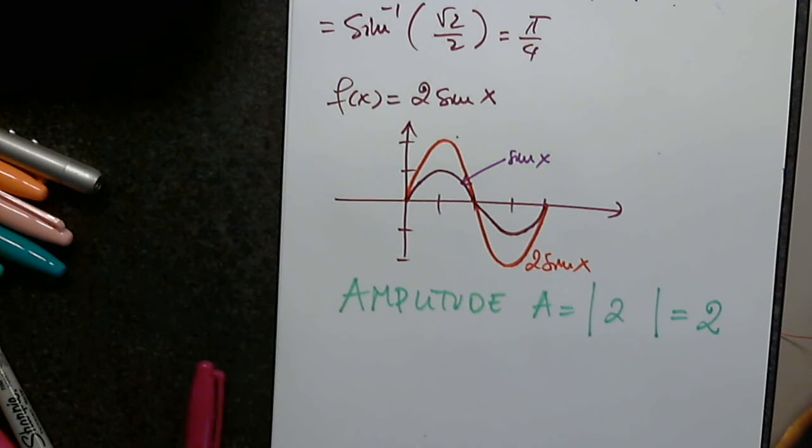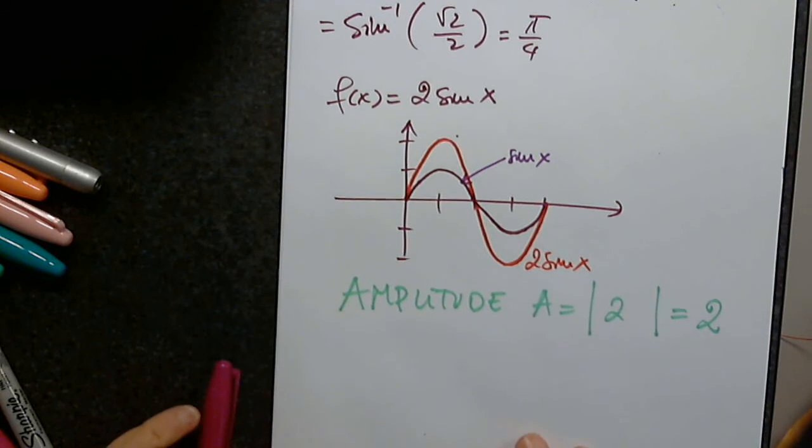Another way of determining the amplitude is this. Finding the maximum, finding the minimum, add them in absolute value, 4, divide that by 2. That's the amplitude. Amplitude 2.